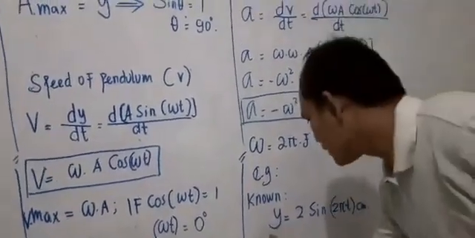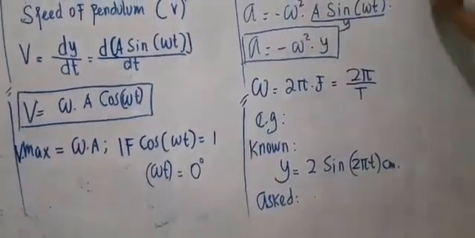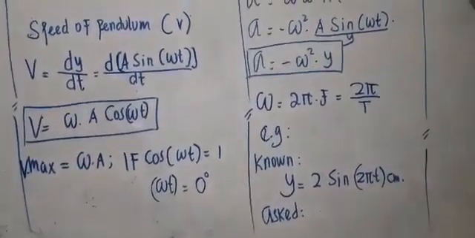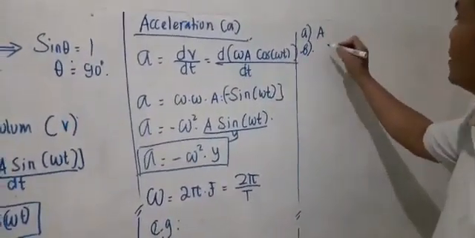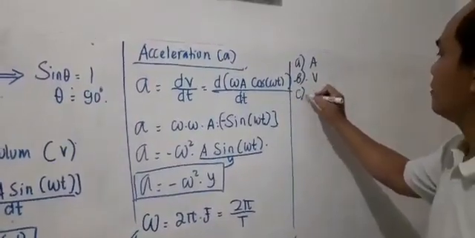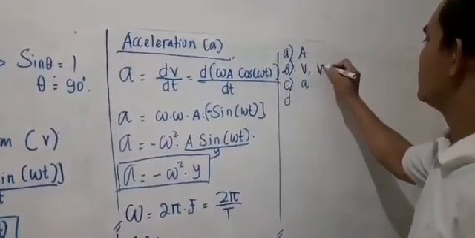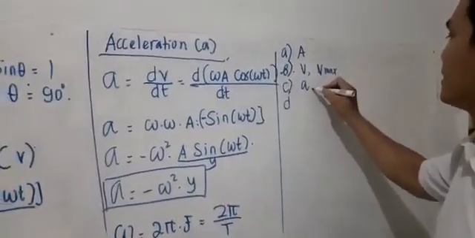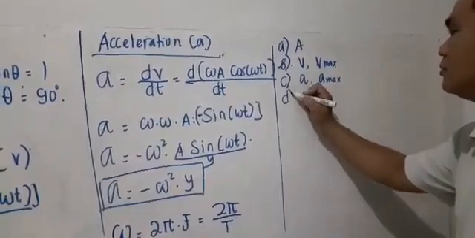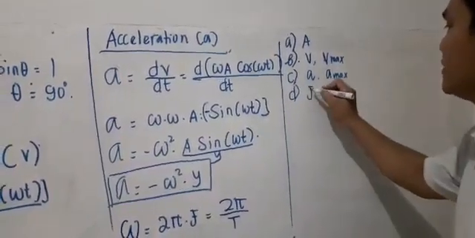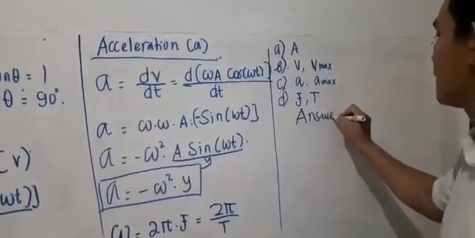You are asked: first, what is the amplitude? Second, what is the velocity? What is the acceleration? What is the maximum velocity? What is the maximum acceleration? And also, what is the frequency? What is the period? So we answer this.